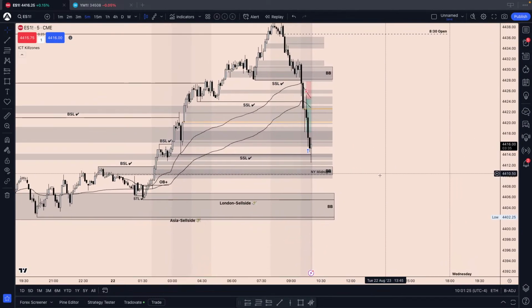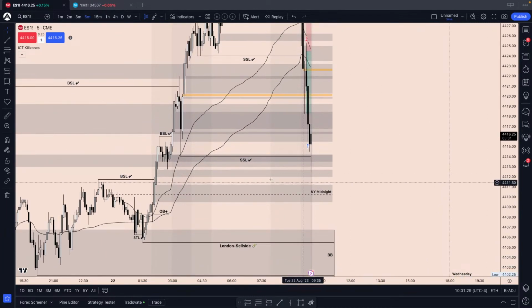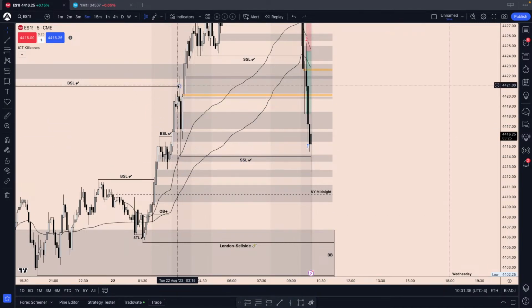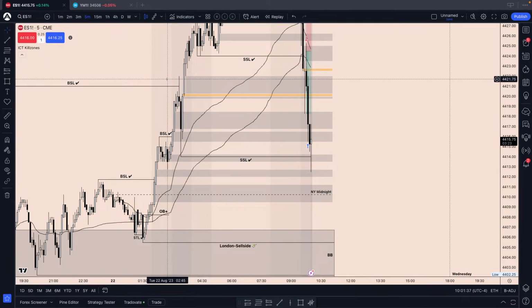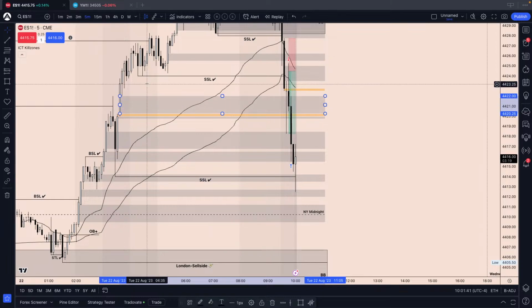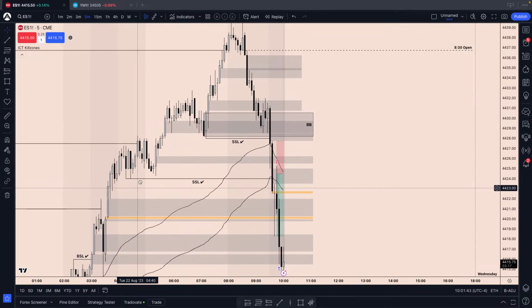That New York midnight level. There's just too much going on for me with those gray boxes, so I'm going to get rid of the inversions. We have enough discounts and stuff like that that still support price. So we're just going to use fair value gaps and discounts, premiums from today.